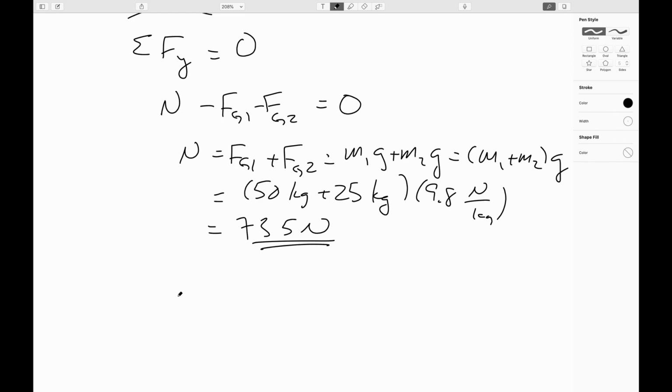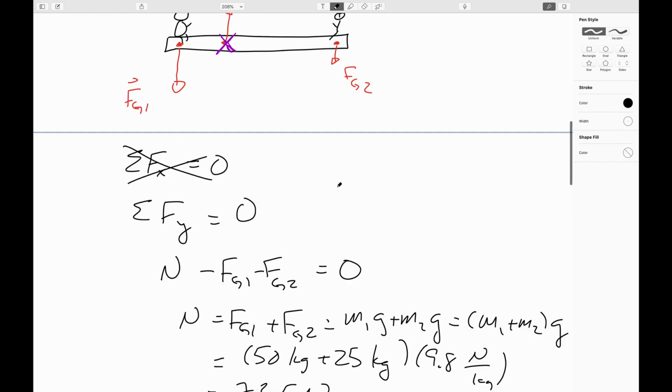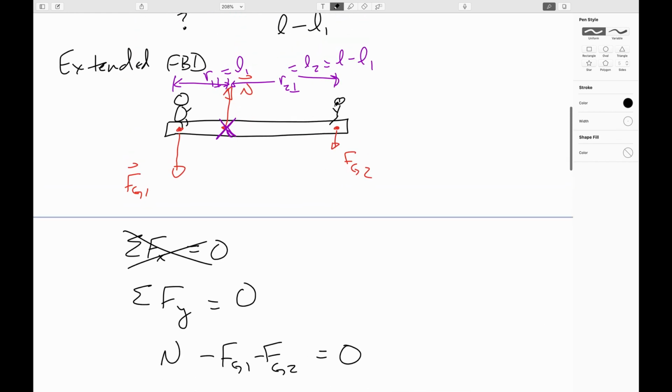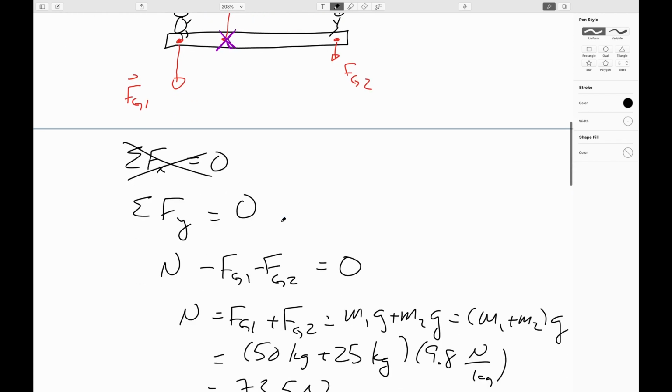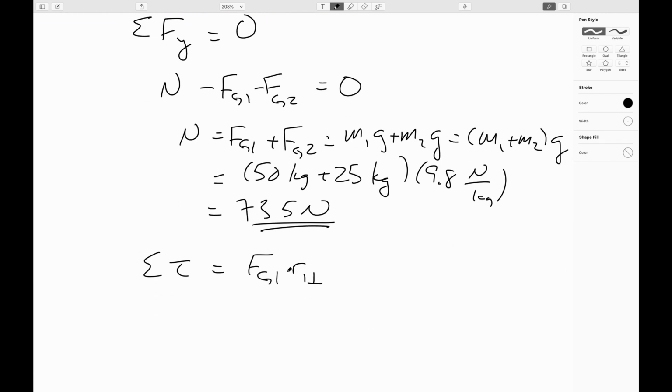So when we say sum of torques equals 0, the counterclockwise torque will be equal to Fg1 R1 perpendicular. And we will have a torque due to gravity from the small kid trying to twist it clockwise. So that'll make it negative. So that'll be minus Fg2 R2 perpendicular.